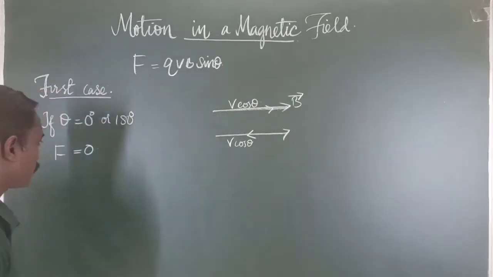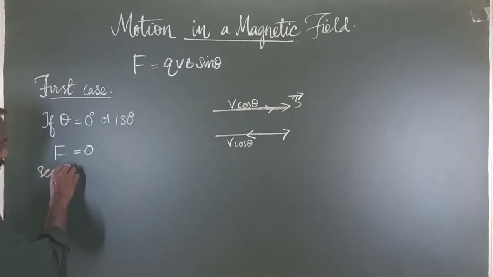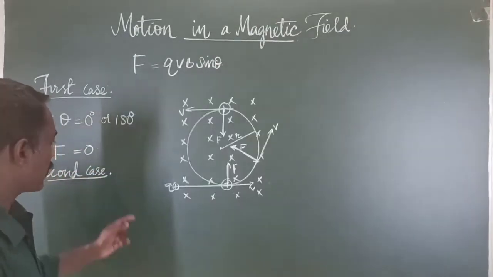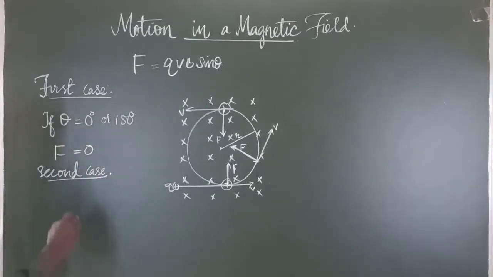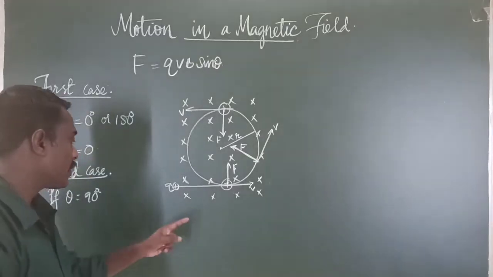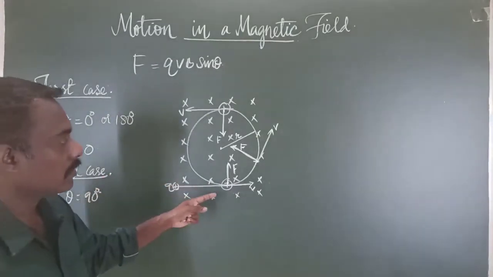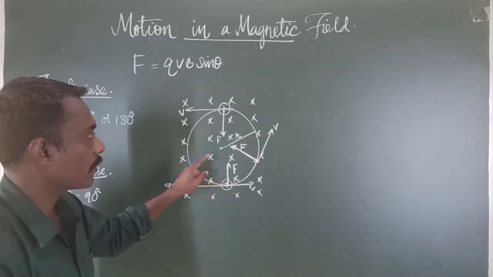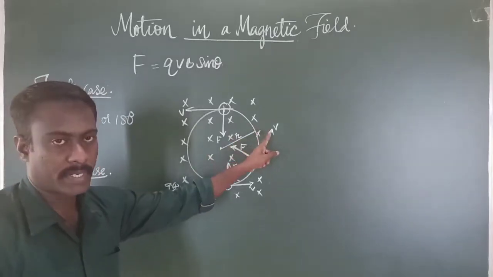The second case. Here we consider that the angle theta is equal to 90 degree, which means the charged particle is entering the magnetic field perpendicular to the direction of the magnetic field.